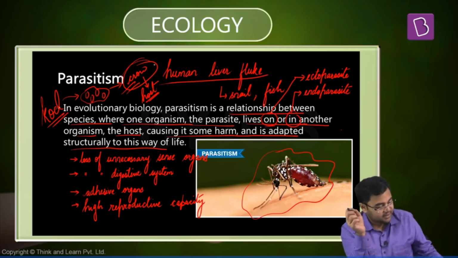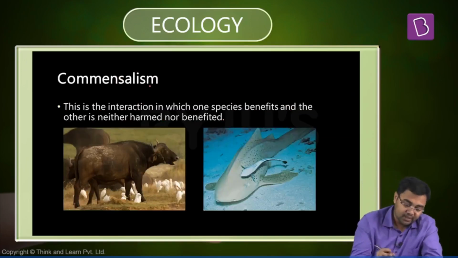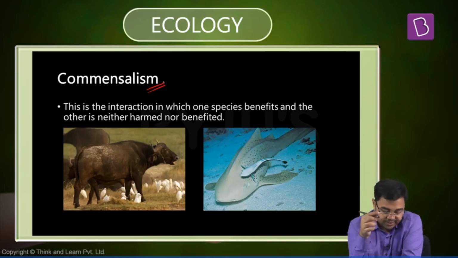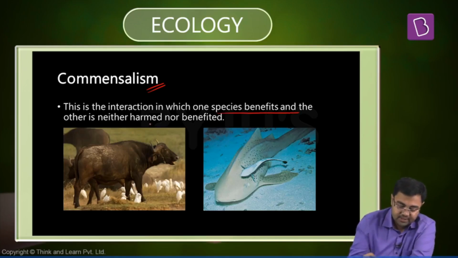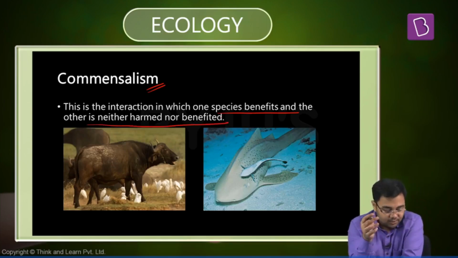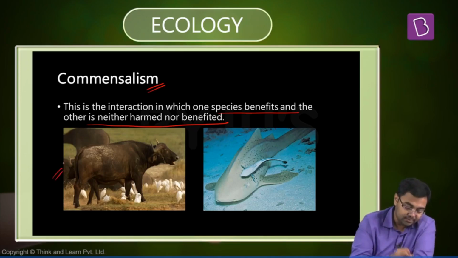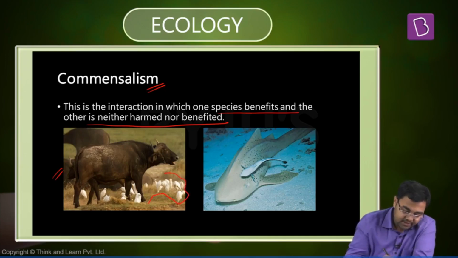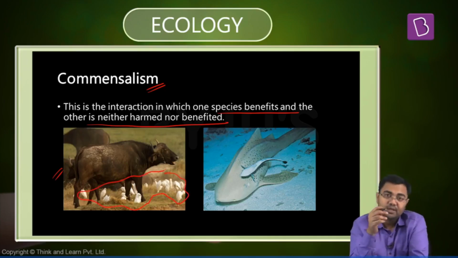Then after that, the next kind of interaction that we have is commensalism. What do we mean by commensalism? This is a kind of interaction in which one species benefits and the other is neither harmed nor benefited. If you look at this picture, what exactly do you see here? Why are so many birds here on the ground?